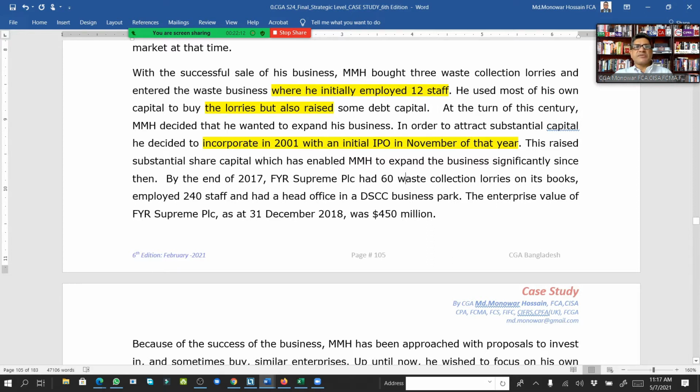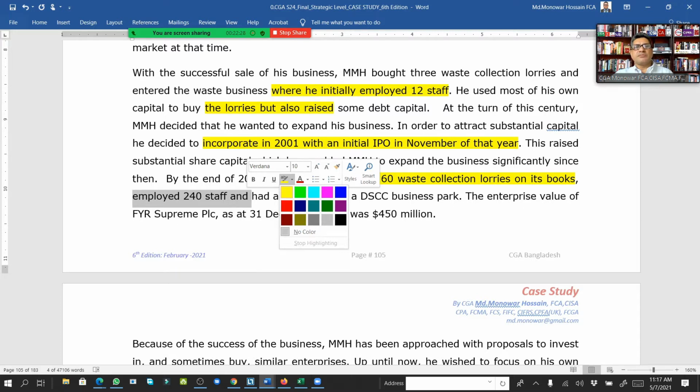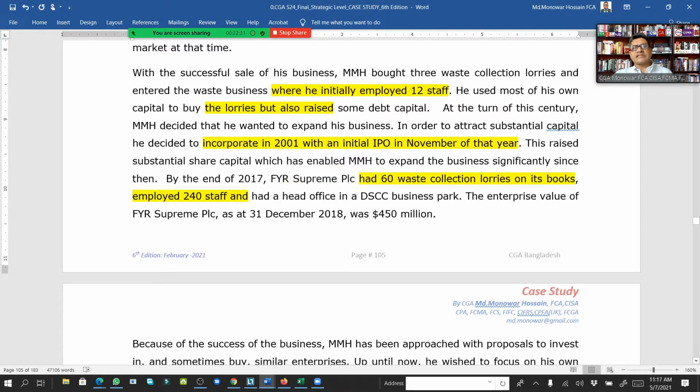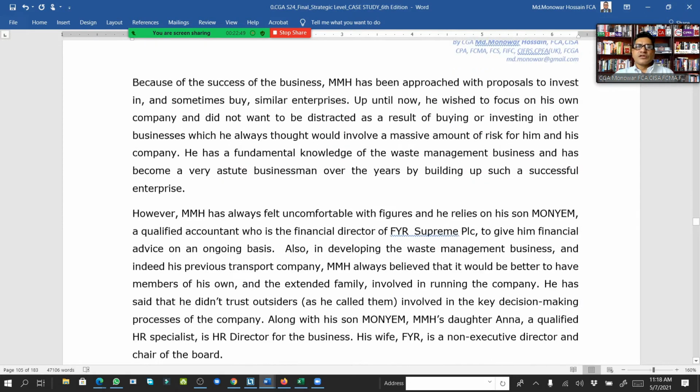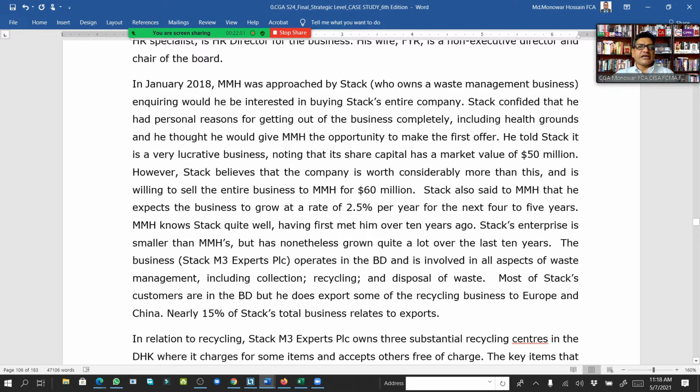This raised substantial capital and now he had 60 waste collection trucks or lorries. Now employees are 240, but they started with only 12. The enterprise value on 31st December was 450 million USD. So this is the company's background.